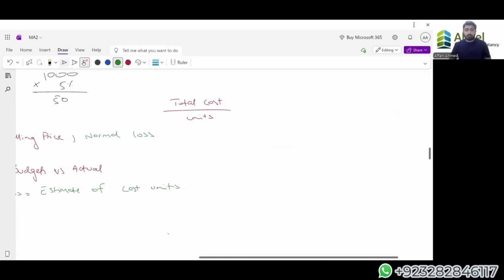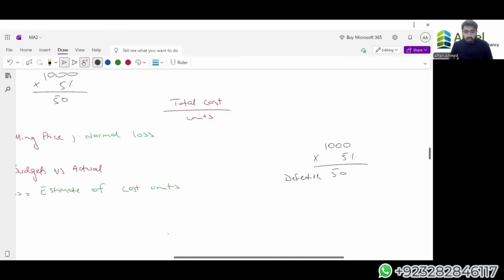Normally, let's say we have 1,000 units and we say that 5% of them are not going to be in a position to be sold. That means 50 units are defective. So the goods that are sellable in nature are our prime focus.